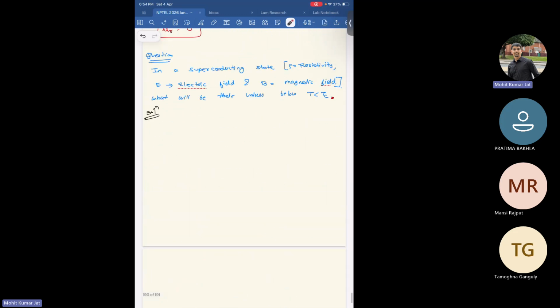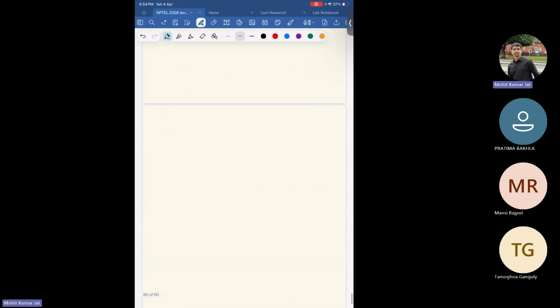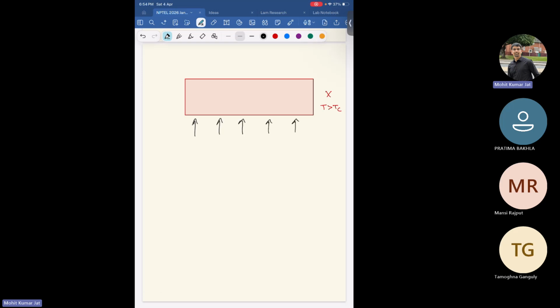Let me draw it. You have your material, let's say this is your material X, at a temperature T greater than Tc. If you apply a magnetic field, what will happen? The magnetic field lines will pass through the metal, right?